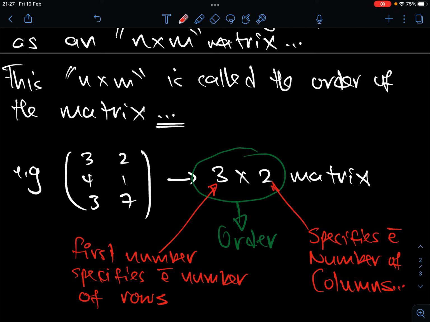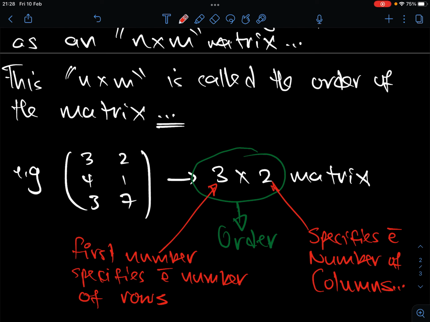You see that? So this is what we refer to as the order of a matrix. It is very good that if you are to start looking at matrices at this advanced level, you understand all the terminology associated with matrices, and also understand the things that you can do with these objects. Okay, so now we have given a definition of what a matrix is, and we have also understood the concept of order.